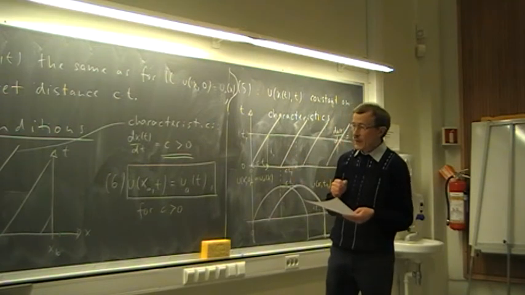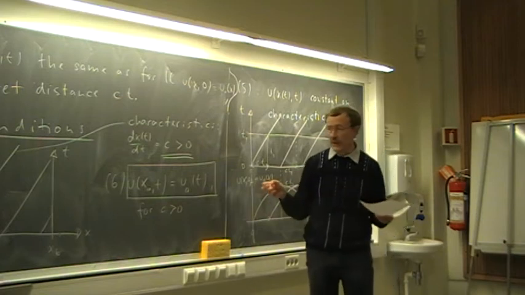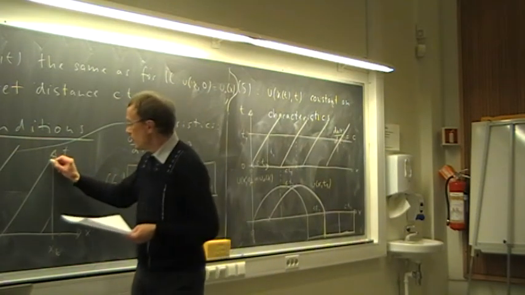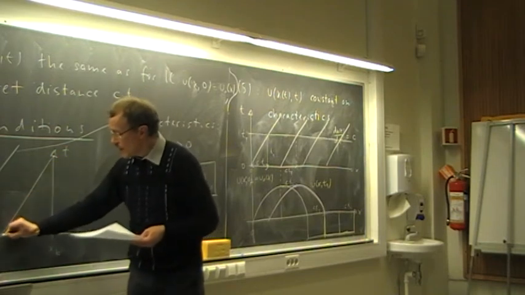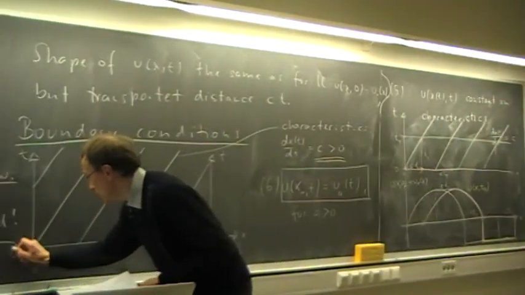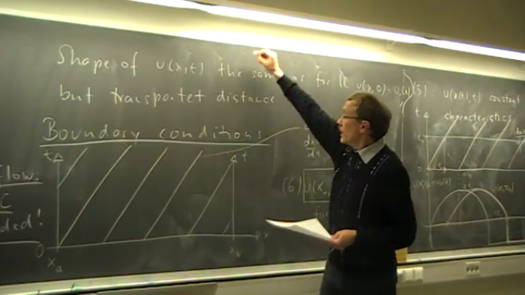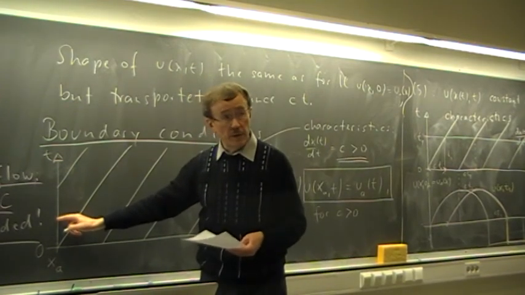The other thing is, when we are at the right boundary, then, as we argued, if we are at some point here, we can go back on the characteristics and either hit the initial condition, t equals 0, or if we are far out and we go back, we will hit the left boundary, where we have the boundary condition.